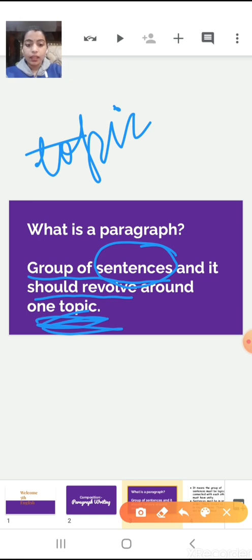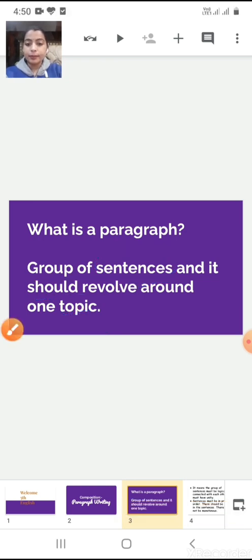Suppose I ask you to write on your school garden. Then you will form a group of sentences, and you should see very carefully that each and every sentence is related to your school garden, right? Only then it will be a meaningful and good paragraph. All right, children?